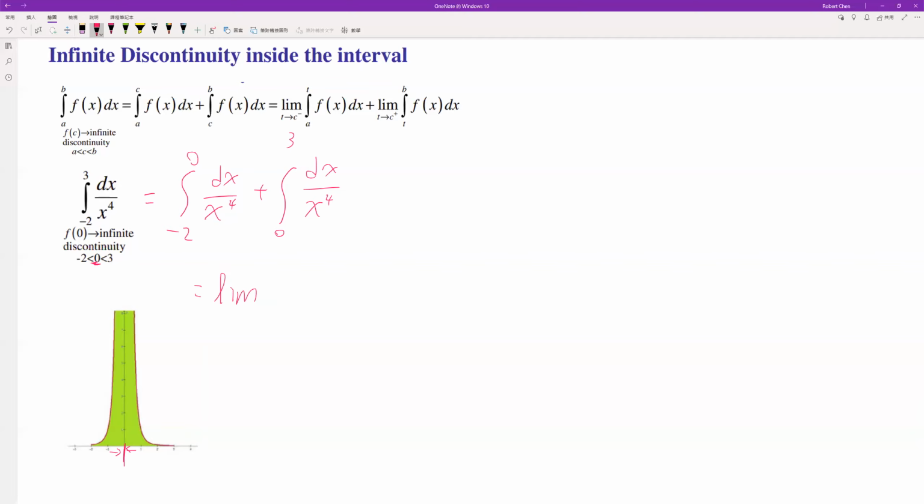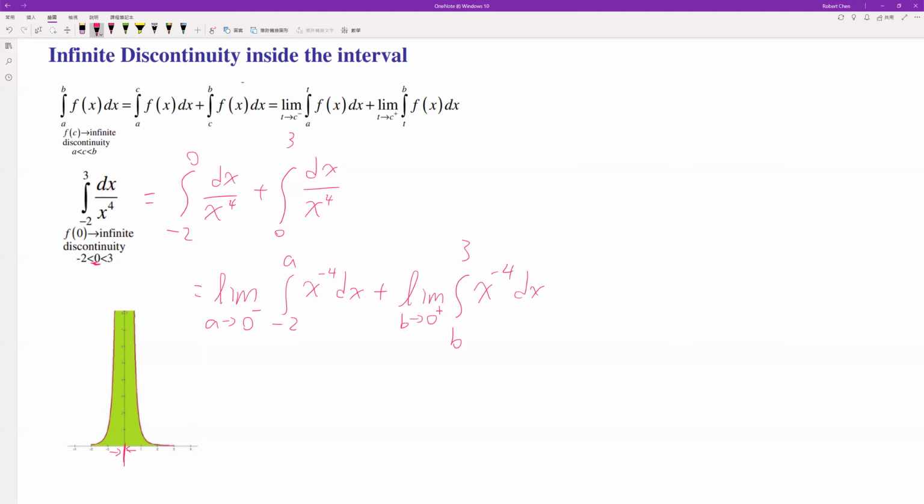So let's see. a going to 0 from the left-hand side because this is the upper limit. So -2 to a, x to the -4 dx, plus limit taking b approaching 0 from the right-hand side because the 0 now we're looking at is the lower limit. And then the integral from b to 3.